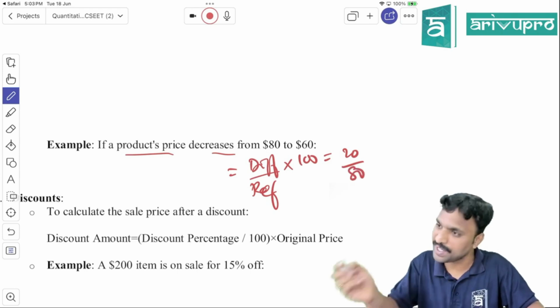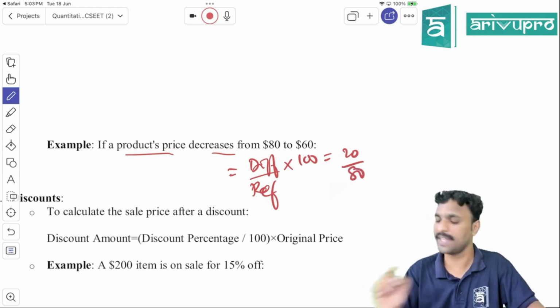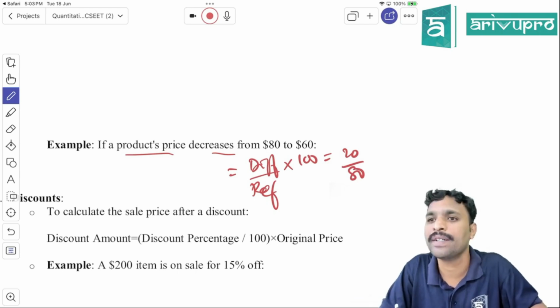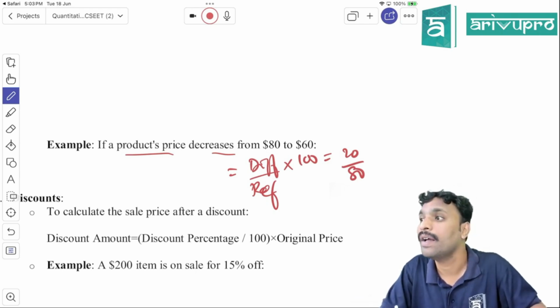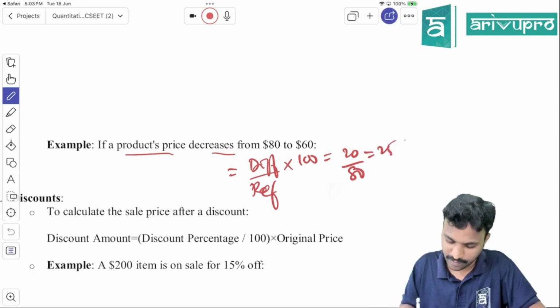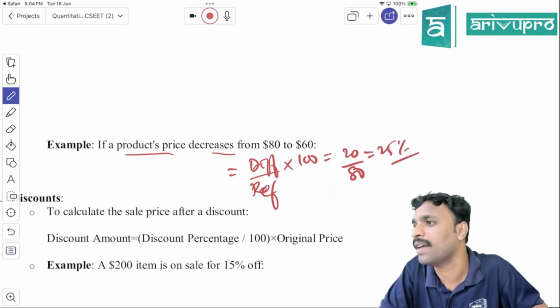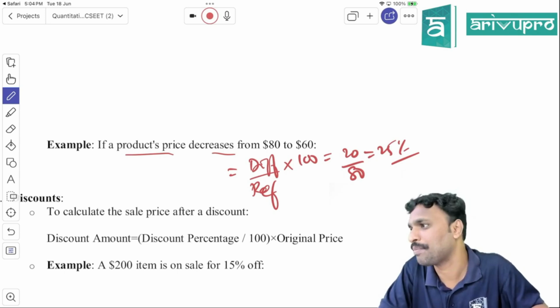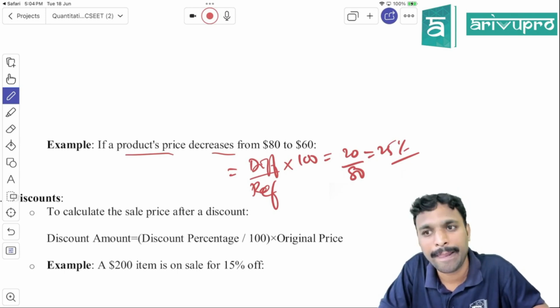Because from where it is changing, from 80 it is changing. So reference is 80. Now tell me, 20 by 80 means 1 by 4. 1 by 4 means what percent? 25%. 20 by 80 means 1 by 4. 1 by 4 means what percent? 25%. Clear?